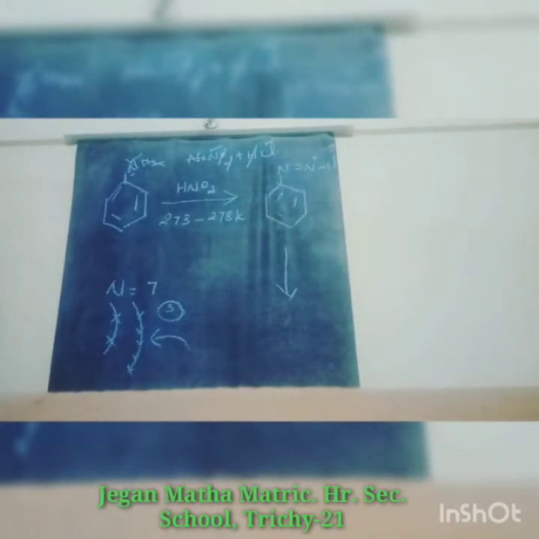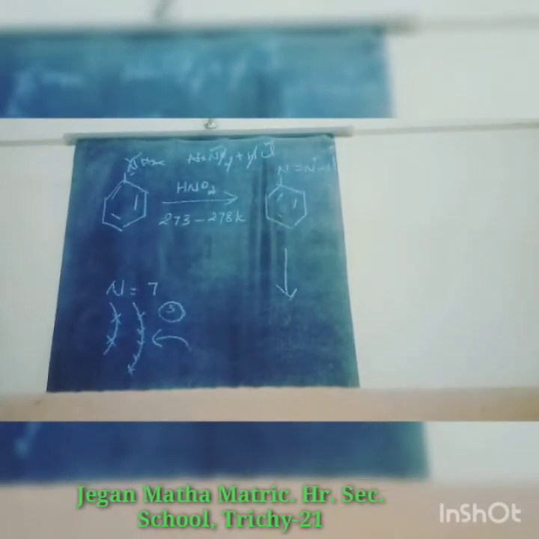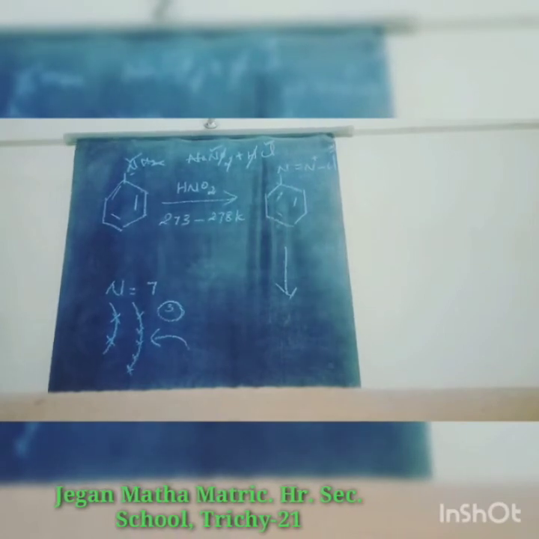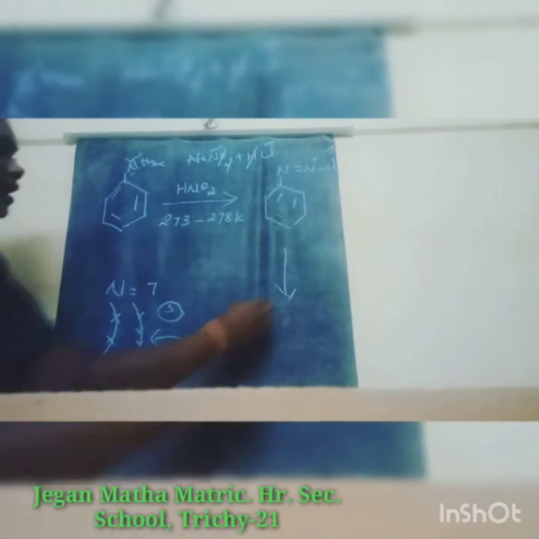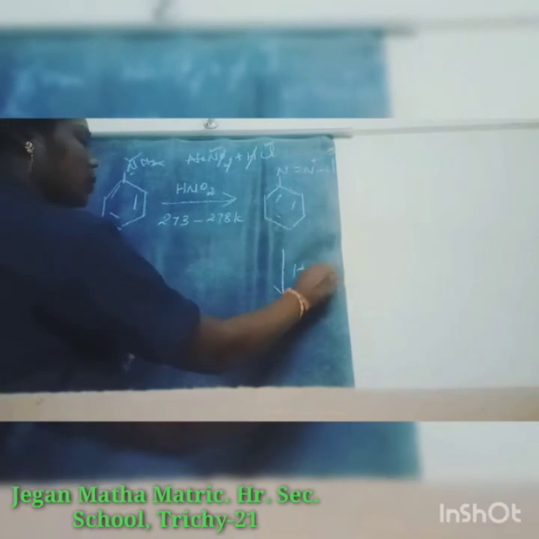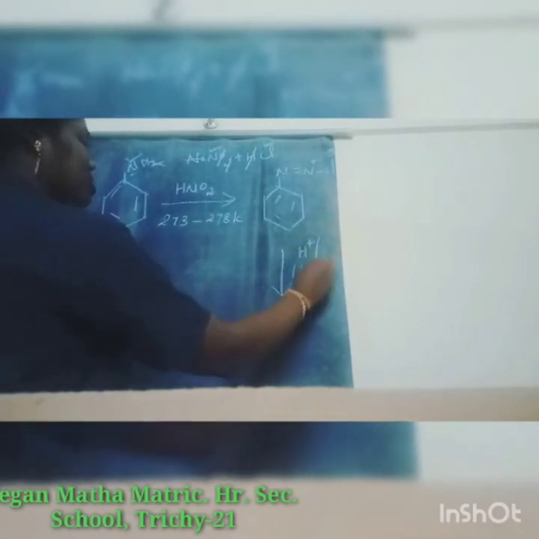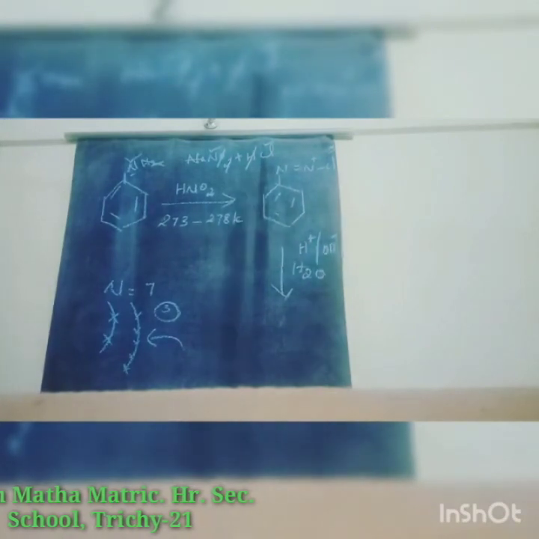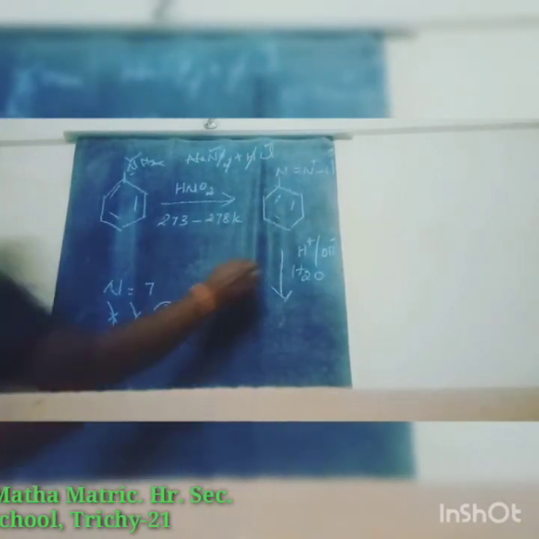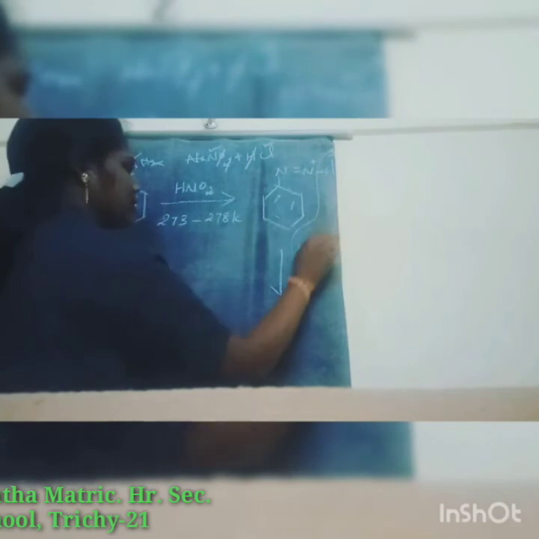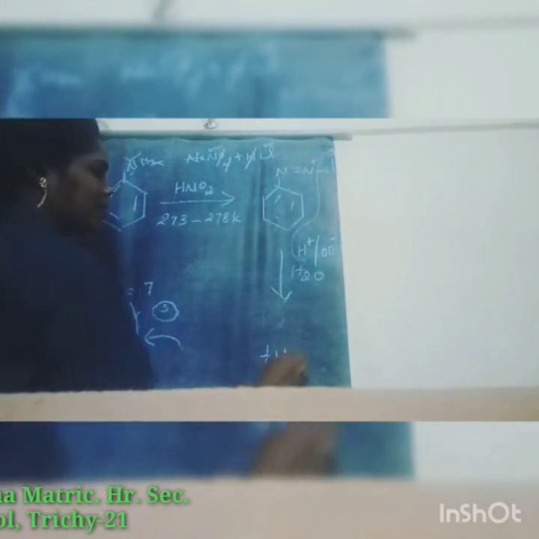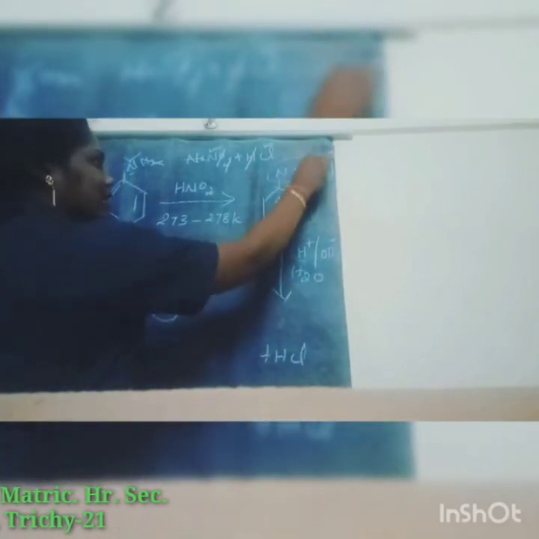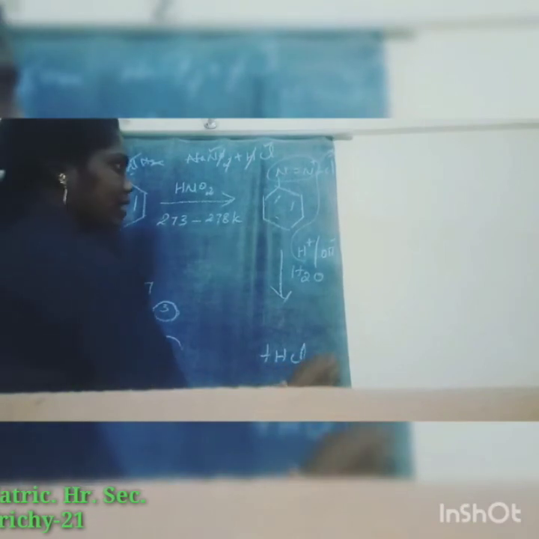And next one, so here further treatment with hot water in the presence of mineral acid. So hot water means H2O I am taking here. So H2O is ionized like this, that is H plus OH minus. So here hydrogen is reacted with chlorine, so it is converted into HCl. So plus HCl. And here one nitrogen, here another one nitrogen, so that is N2.